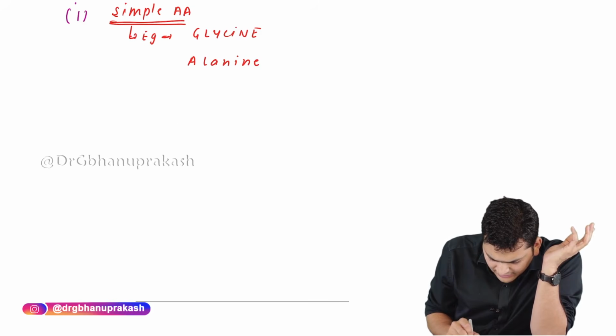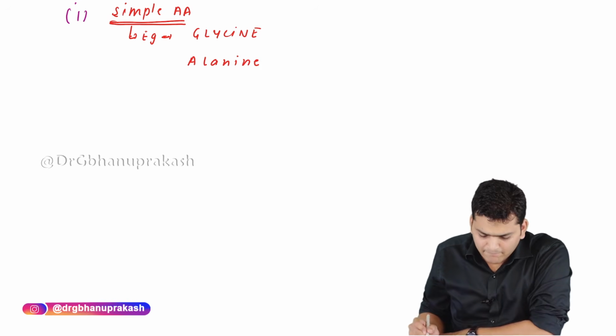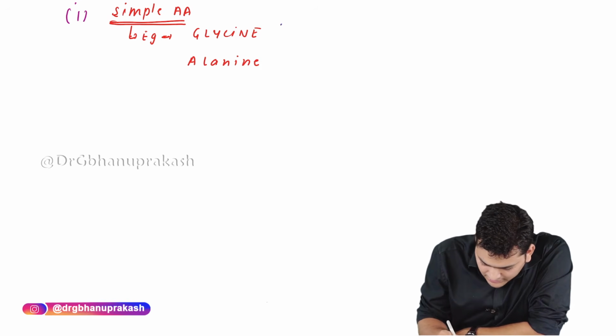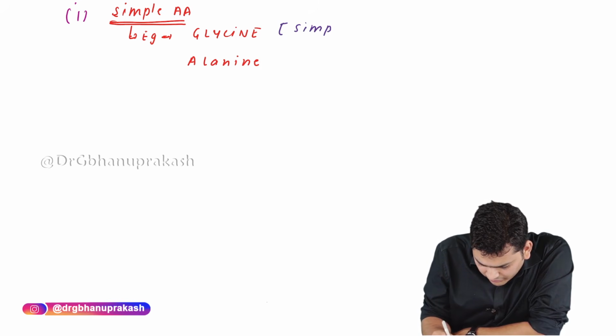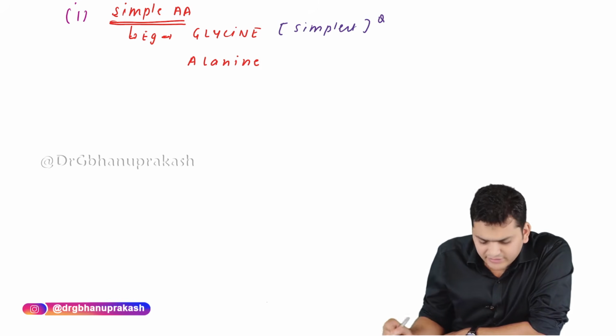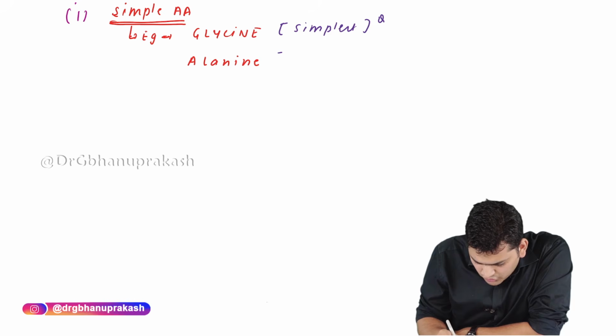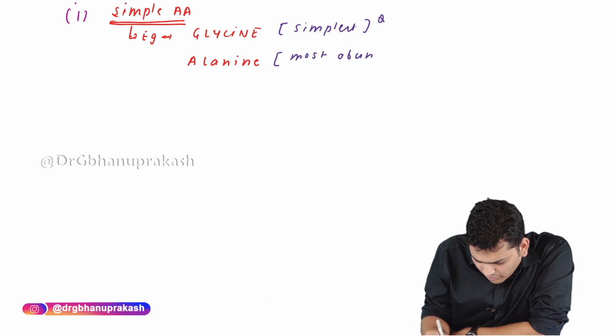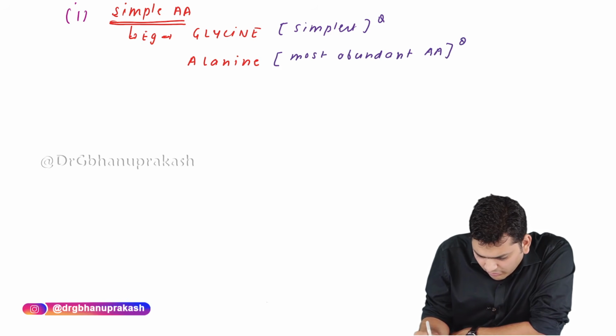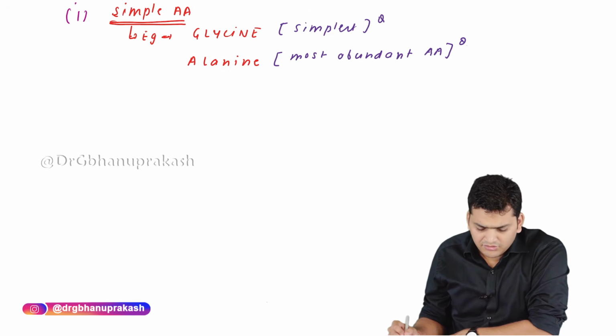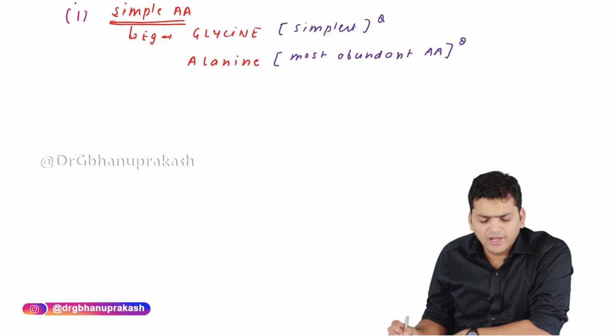Glycine is the simplest amino acid among all the 22. Alanine is the most abundant amino acid that is found in the body. Right? So these are the two simple amino acids that we have.